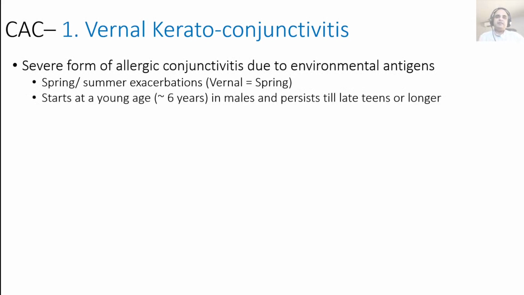So as I said, the problem with the disease is the age of your patients, and it usually tends to affect young boys. It usually starts at about the age of 5 or 6. Thus, the difficulty in managing these patients, and it lasts well into the teens or even longer. So the disease lasts for, as you can see, 15 to 20 years easy.